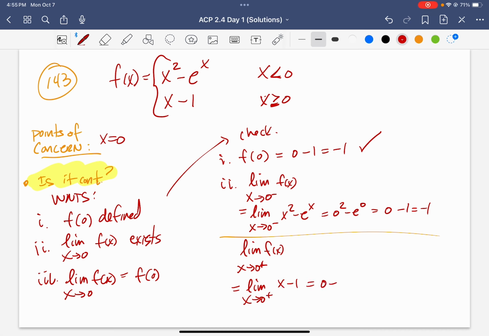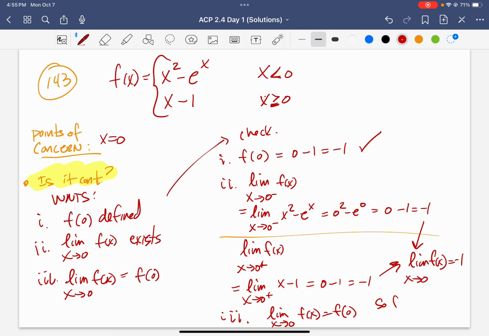So when you put in 0, you get negative 1. So this means that the overall limit exists and equals negative 1. But then 3 says that the limit as x goes to 0 is actually equal to f of 0. So f is continuous at x is equal to 0. Yay for us.